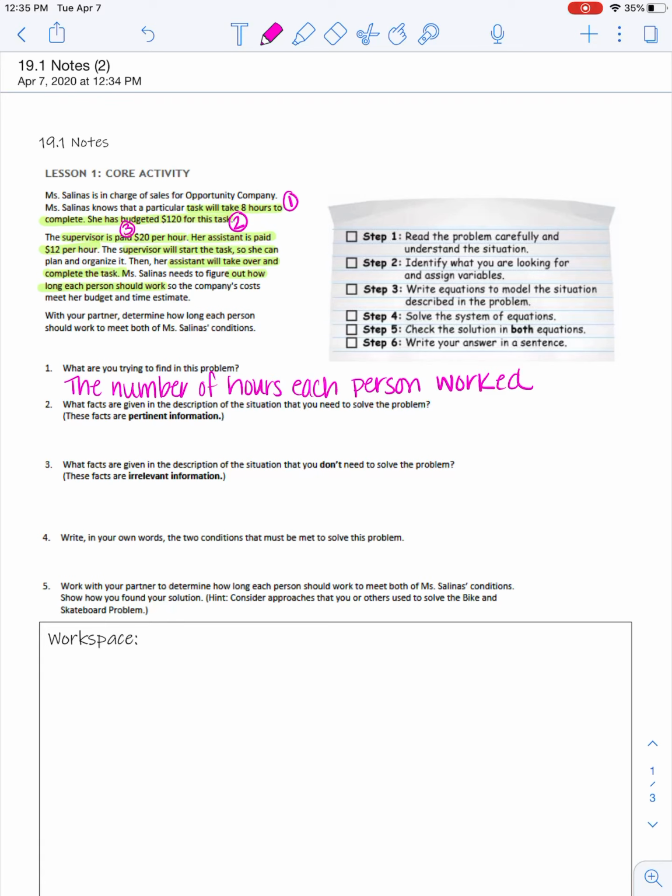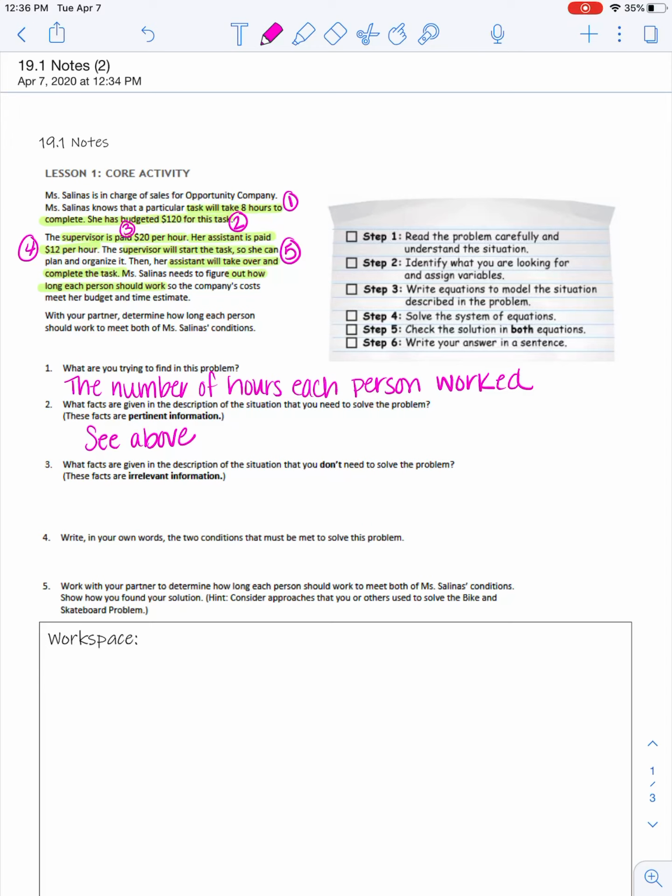Important fact number 3, the supervisor makes $20 an hour. Important fact number 4, the assistant makes $12 per hour. And important fact number 5 is that the supervisor will start the task and the assistant will finish. So I'm just gonna put C above.